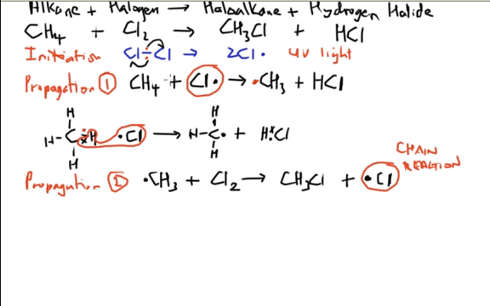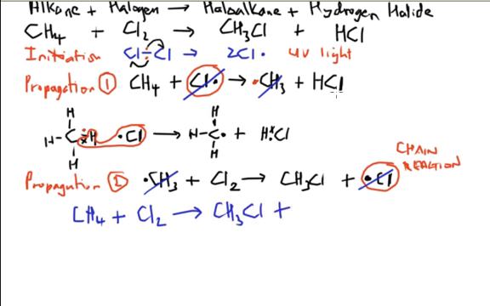So with my blue pen, if I just cross out those chemicals which appear on both sides of the equation and then combine together, we get CH4 plus Cl2 goes to CH3Cl plus HCl. So combine propagation 1 and propagation 2 and you'll get the overall equation.